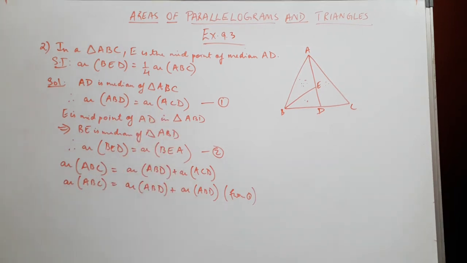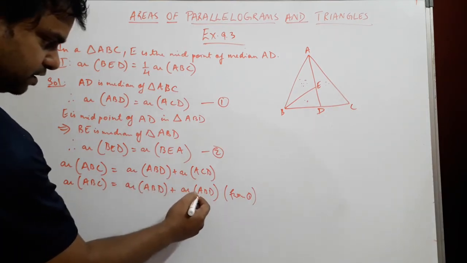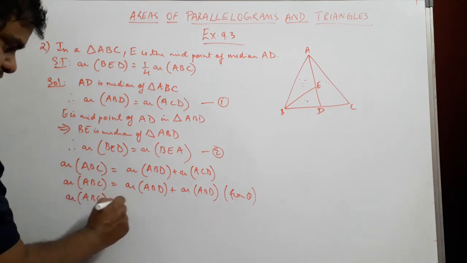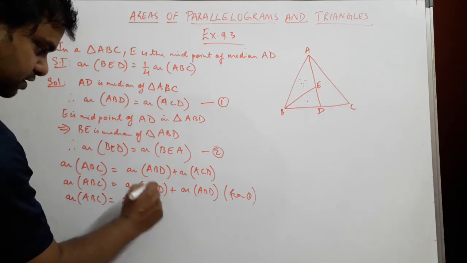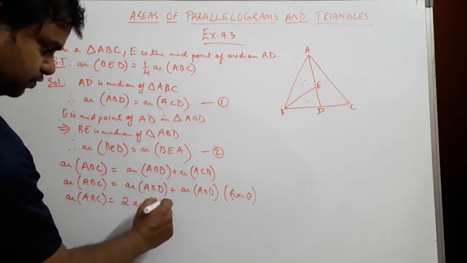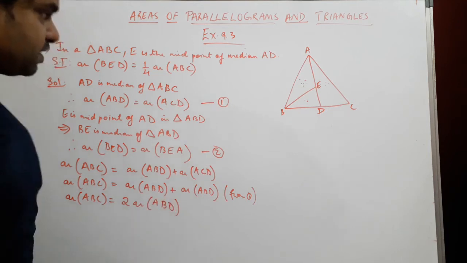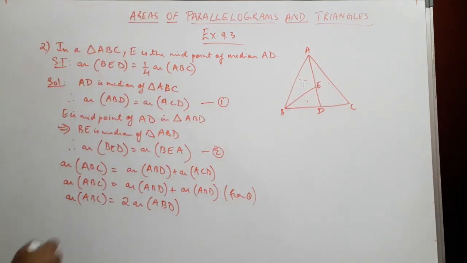Okay. So now we've got two areas of triangle ABD, so we'll add them up. We get area of ABC equal to 2 times area of ABD. So 1 plus 1 I just added, I got 2 area of ABD. Where is ABD? ABD is here, and ABD can be further divided.